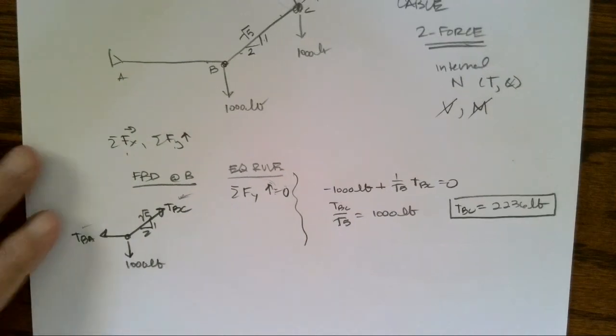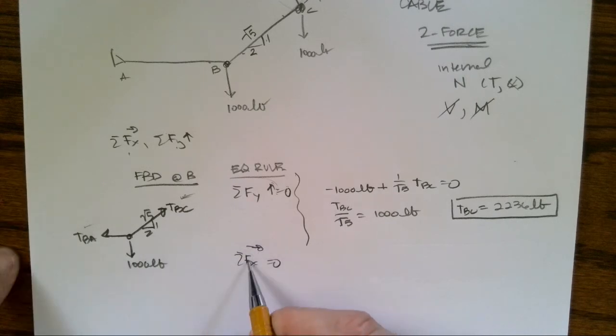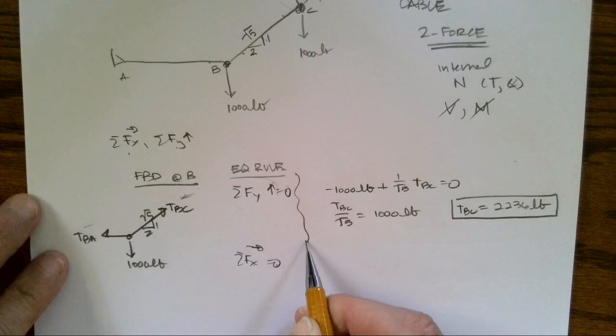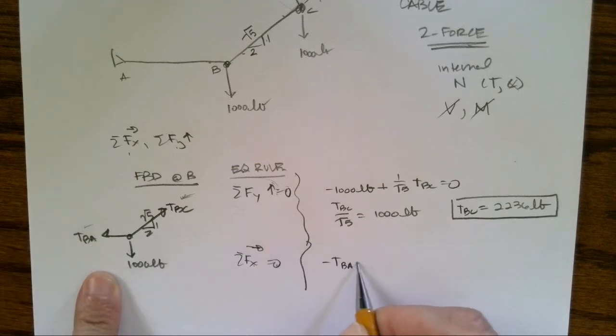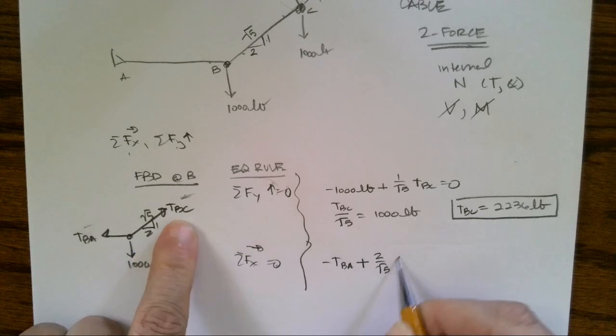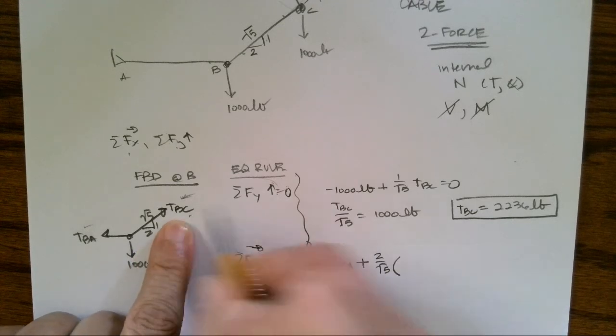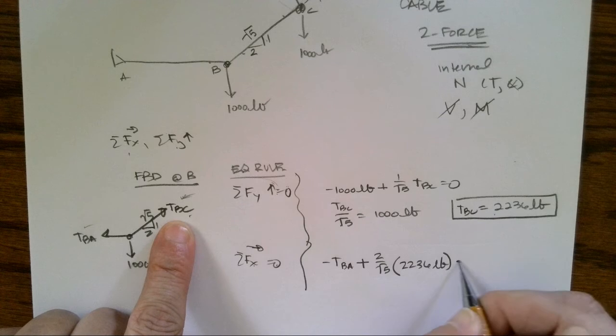And now I can go back and sum forces in the X direction. Okay, I'm summing in the X direction. Forces to the right is positive. Everything equals 0. So negative TBA plus 2 over square root of 5 times tension BC, I've solved for 2,236 pounds, all of that equals 0.